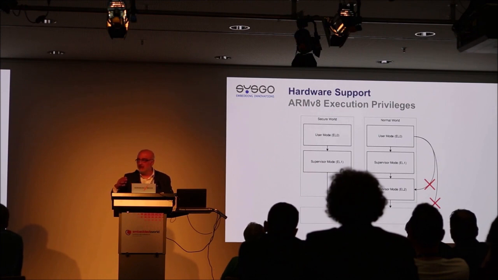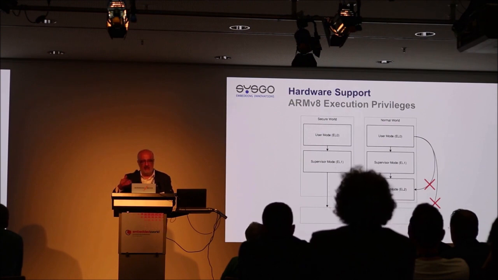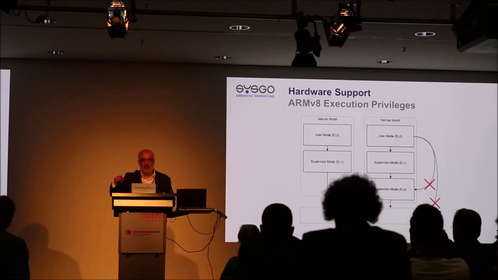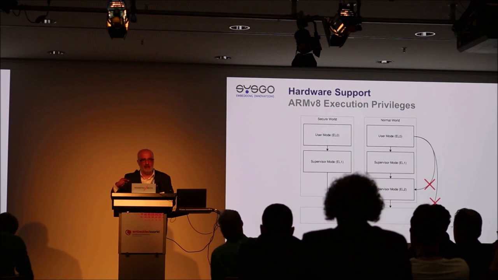One of the answers regarding the surface of attack is that in ARMv8, it's not possible to go to hypervisor mode without being in supervisor mode, which means that from a malicious code point of view, if you're in user space and you want to find a vulnerability in the hypervisor, first you need to find a vulnerability in the Linux kernel to switch to supervisor mode. Once you're in supervisor mode, then you can try to find vulnerabilities in the hypervisor, but not before.